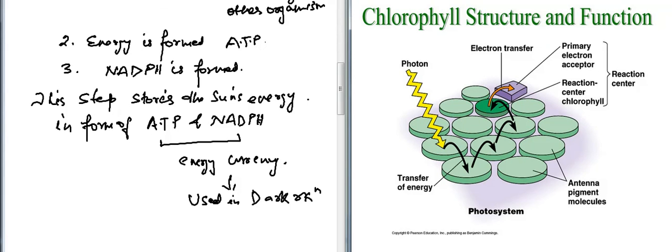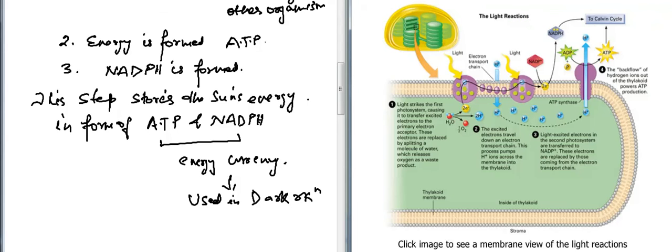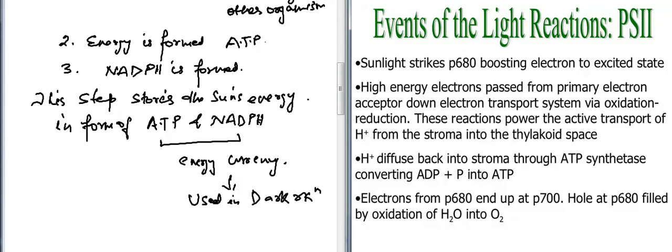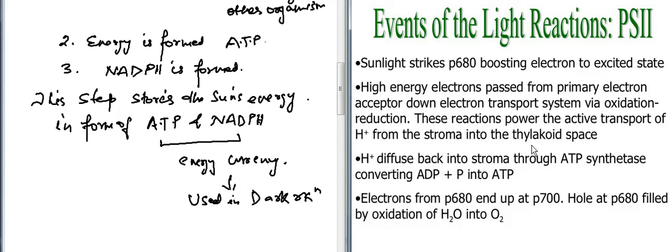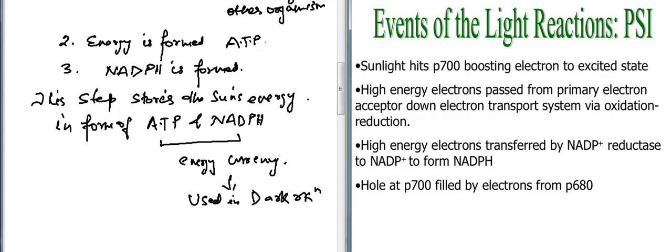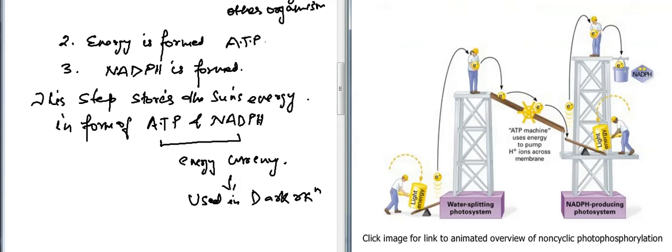A photon, that is a packet of light, falls over the photosystem in the thylakoid, and the energy is excited, and finally energy is given. So what is happening actually is that water is splitting, that is the main thing, and ATP and NADPH are going to form.